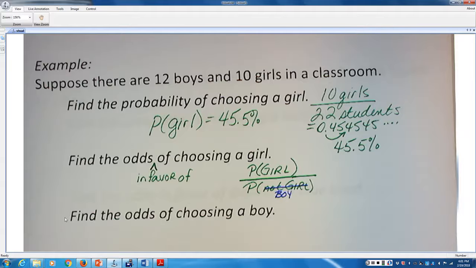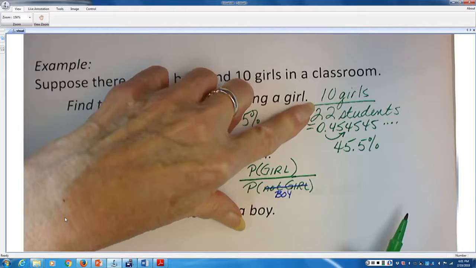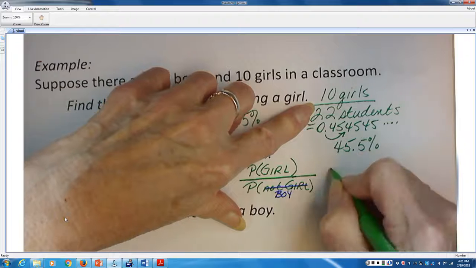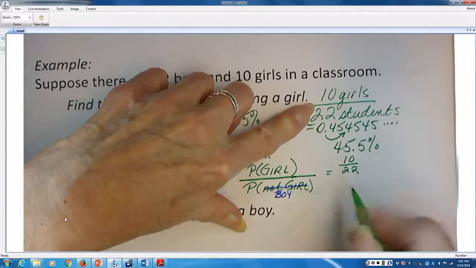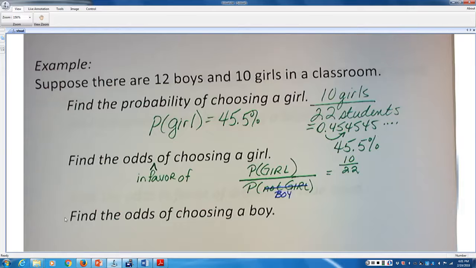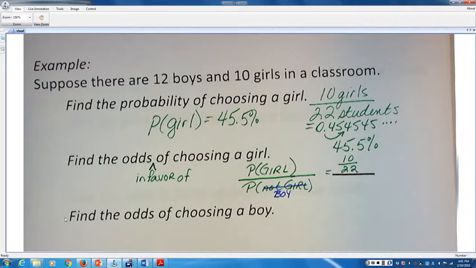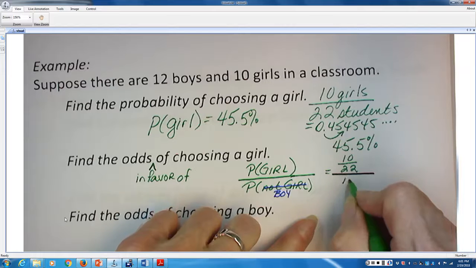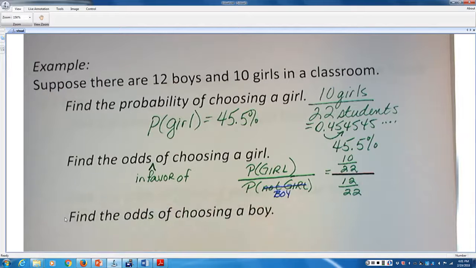So that means the probability of a girl, and here we're going to go back to the fraction, is 10 over 22, and that's going to be divided by the probability of not choosing a girl, which is going to be 12 over 22. And we generally don't like 4-story fractions.